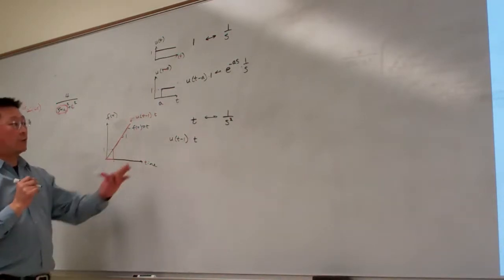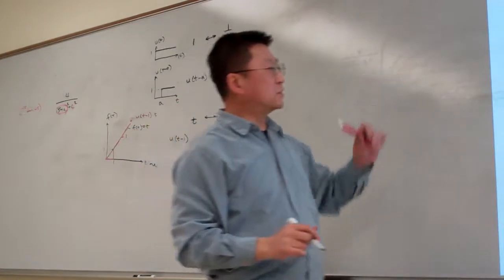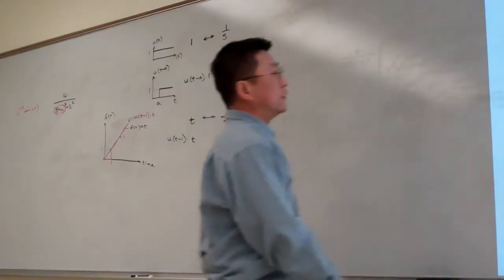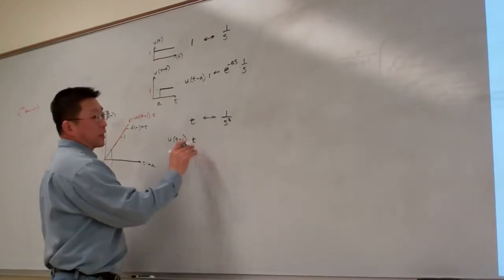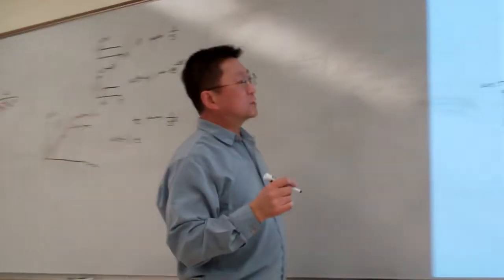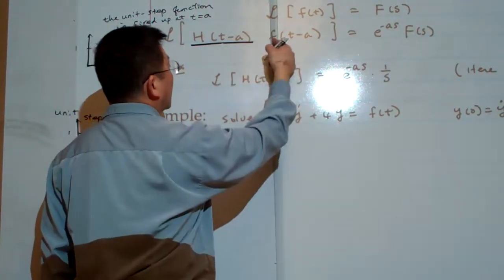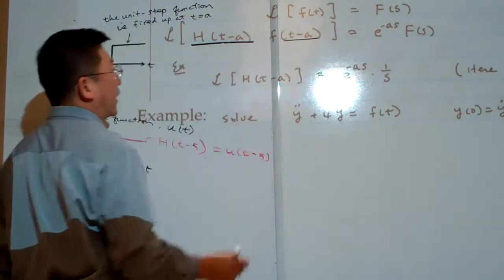Okay. So now for this one, we want to utilize these equations. Again, we want to arrange it into this form: this is the f function of t minus a.